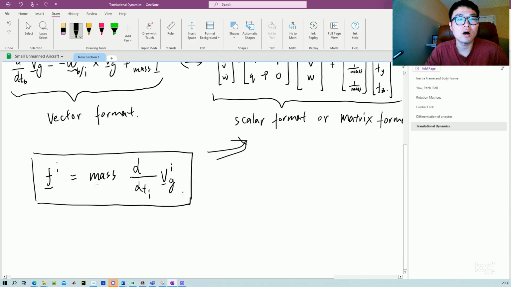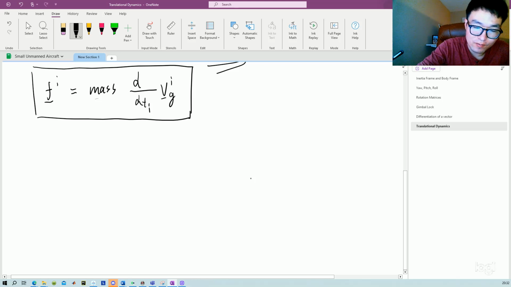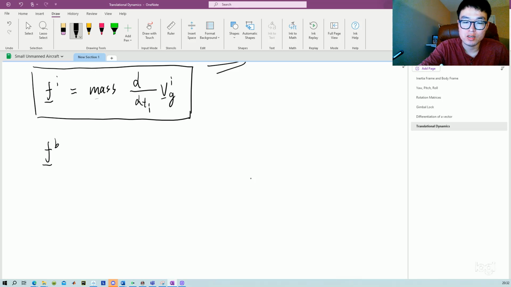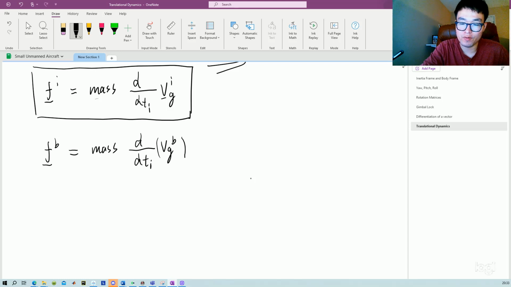So what if we are interested in the body frame, like the force expressed in the body frame? That equals the mass, and then you take the derivative, in this case against the inertia frame, but the ground speed will be in the body frame, because there is always a rule that if you express one term in the body frame, the other term needs to be in the body frame as well.